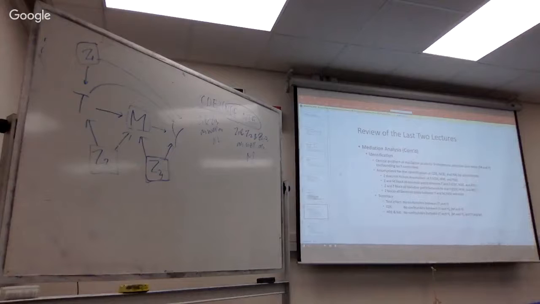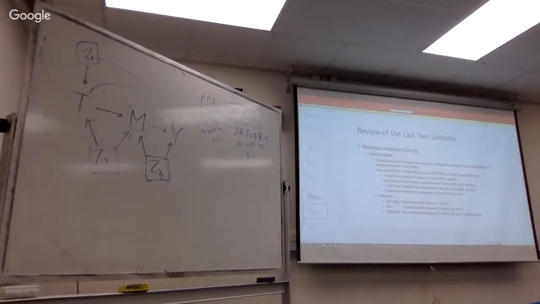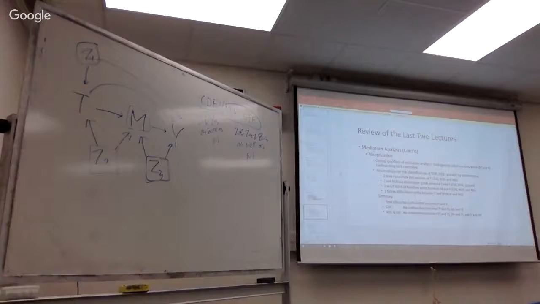So the summary is that for total effect, as long as there are no confounders between T and Y, you're good to go. For CDE, no confounders between T and Y and M and Y, you're good to go.